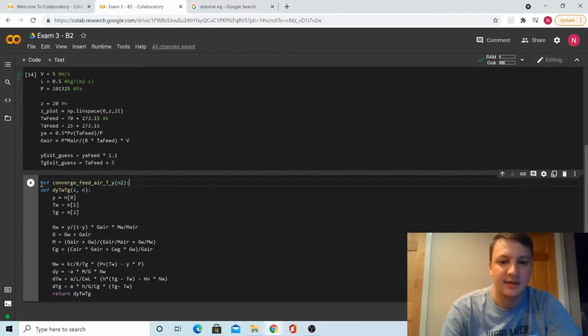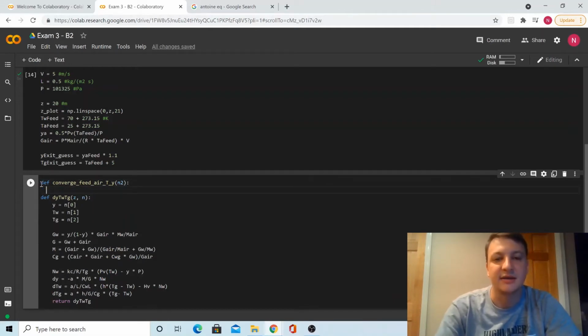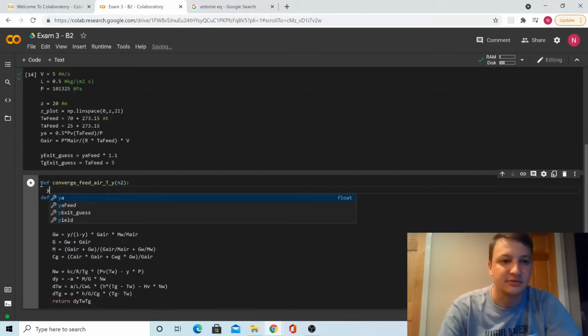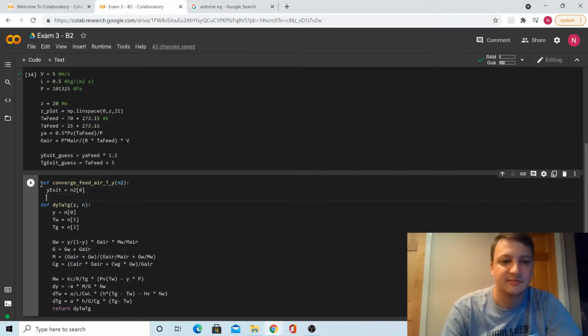Colon that, and with that we're going to define our exit mole fraction and exit temperature of the gas. So our exit mole fraction is equal to, again, the N2 for the first set in the array, and then the temperature of the gas at exit is equal to the N2 second portion of that.